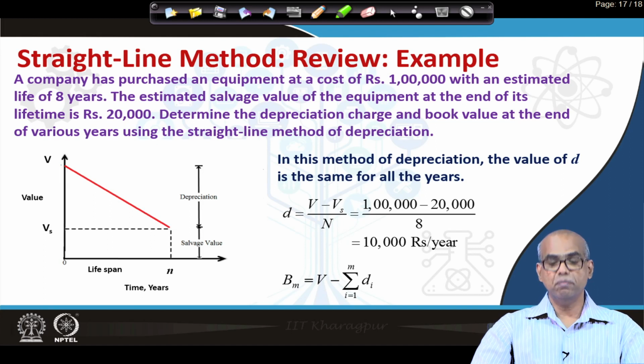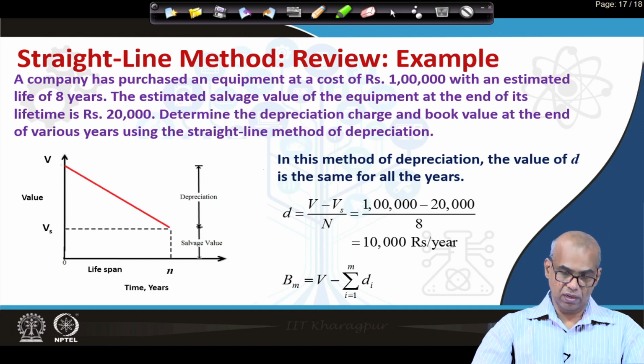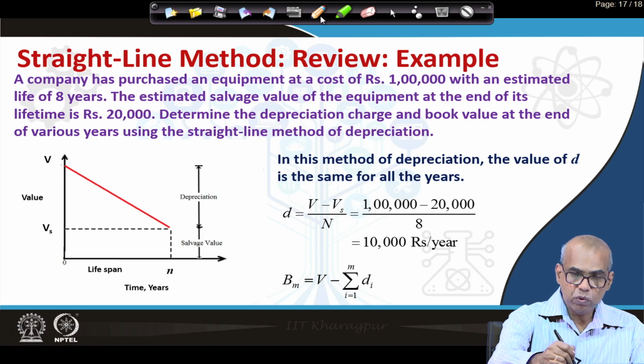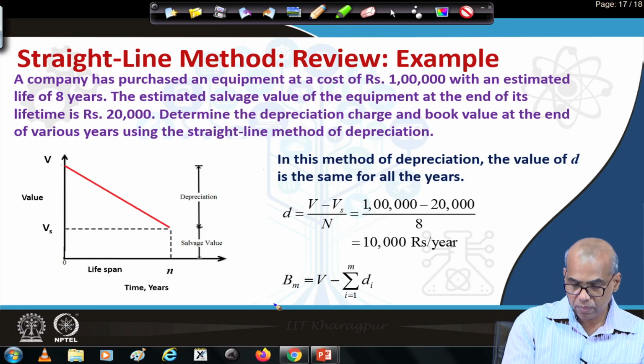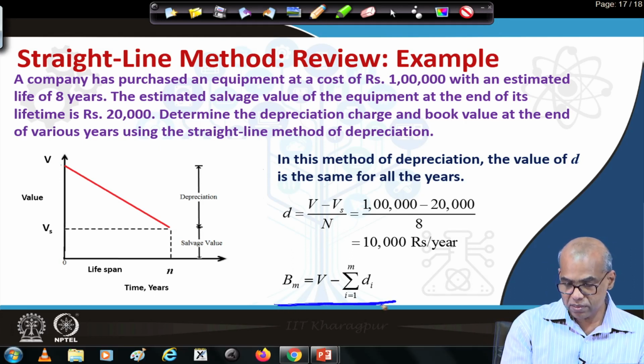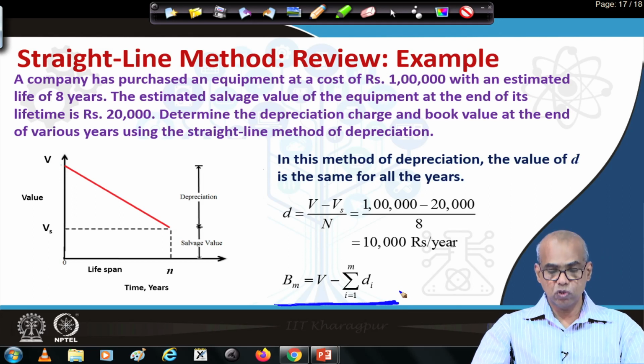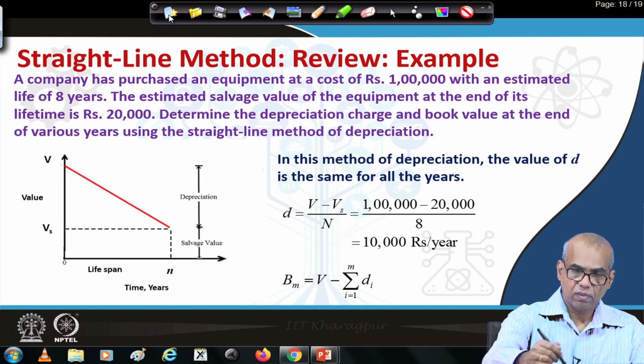So, you calculate the depreciation as 10,000 rupees per year. So, 10,000 rupees per year will be a constant depreciation amount every year, and the book value can be computed as the value of the asset minus the amount of depreciation charged up to that point of time.